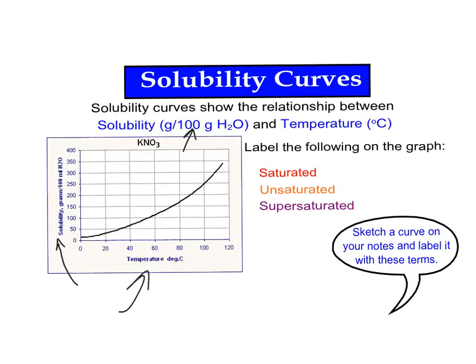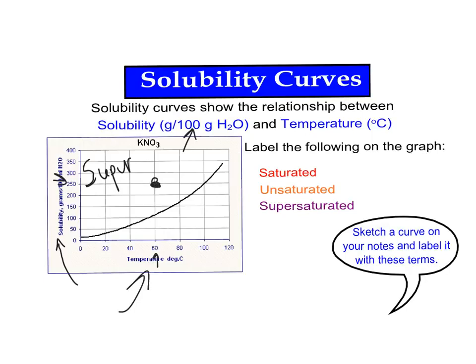There are 3 areas on these graphs. Above the line is all supersaturated solution. So if I were to tell you, hey, you have a solution at 60 degrees, and in that solution you've somehow dissolved 250 grams, well, 60 degrees is right here, 250 grams of solute would be right here, and you could plot the point.